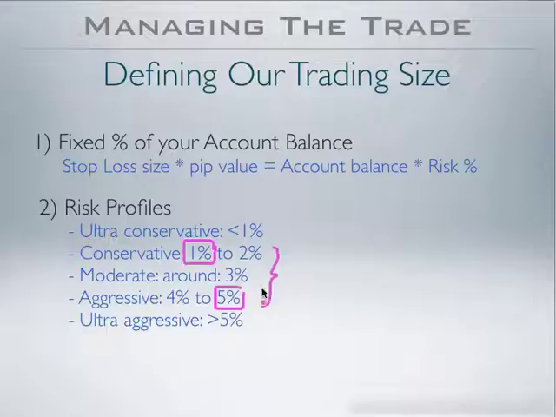Between 1 and 2% if you are conservative, around 3% if you are moderate, or between 4 and 5% if you are aggressive. My personal advice: just be moderate.